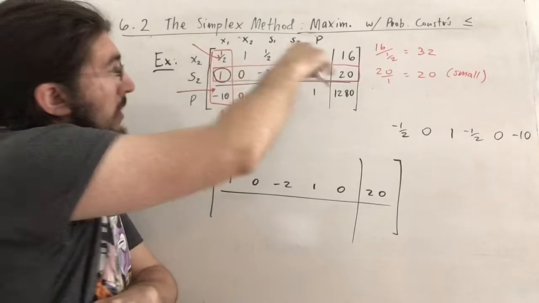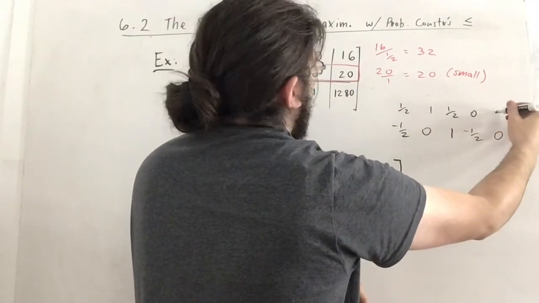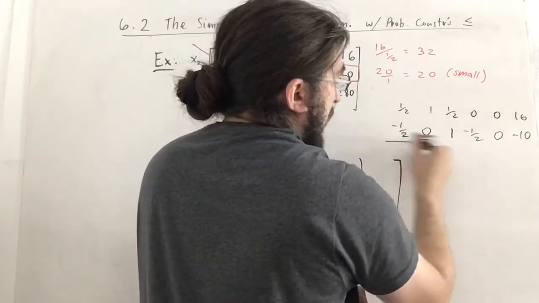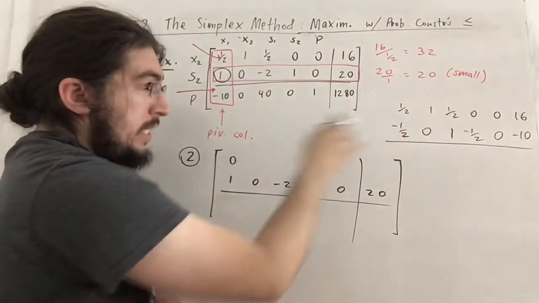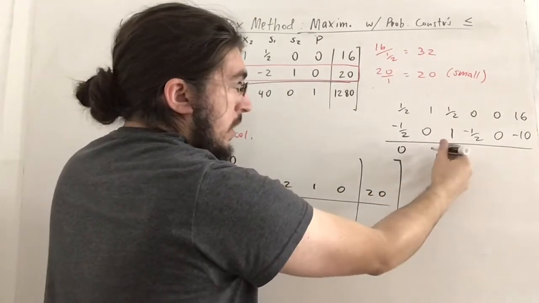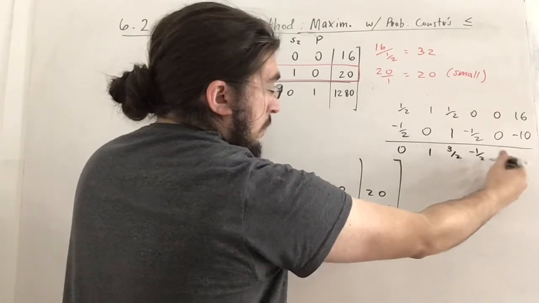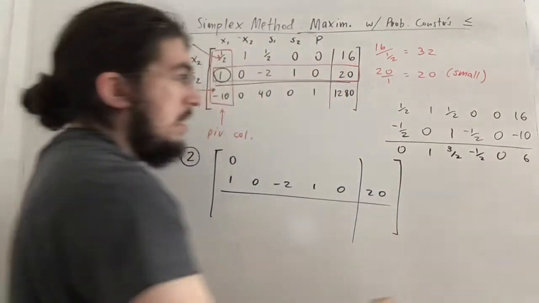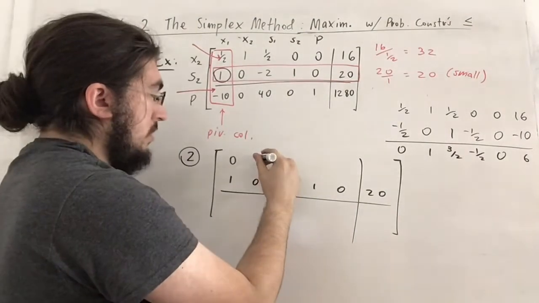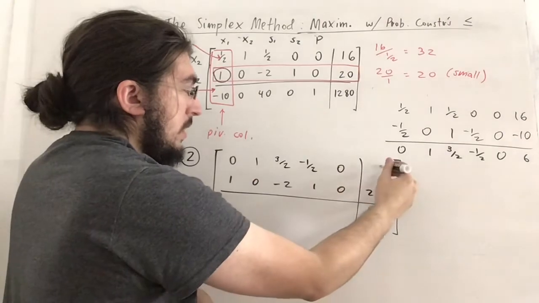Row 1 will stay the same. 1/2, 1, 1/2, 0, 0, and 16. And then adding these will give us our new row 1. And notice we get 0 indeed for the first entry, good. Then 1, and then 1 and 1/2, which is 3/2. 0 minus 1/2 is -1/2, 0, and then 6. Okay, so let me write that. So 1, 3/2, -1/2, 0, and 6.